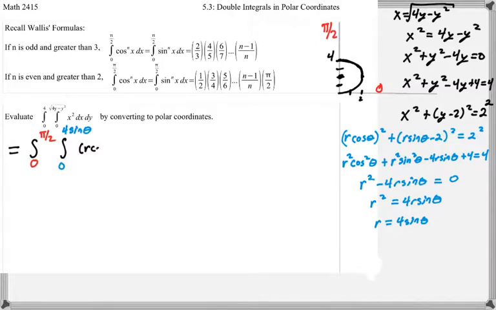X is equal to r cosine of theta, so we have r cosine of theta squared. Don't forget the Jacobian, that's the price to convert to this coordinate system. And then we have dr d theta.